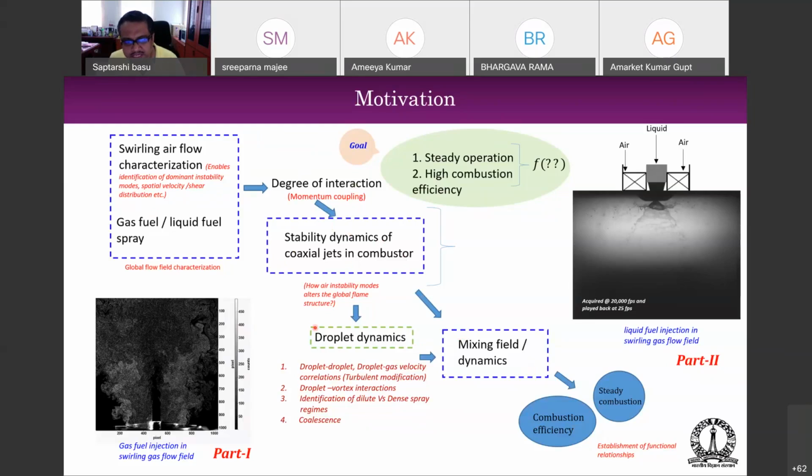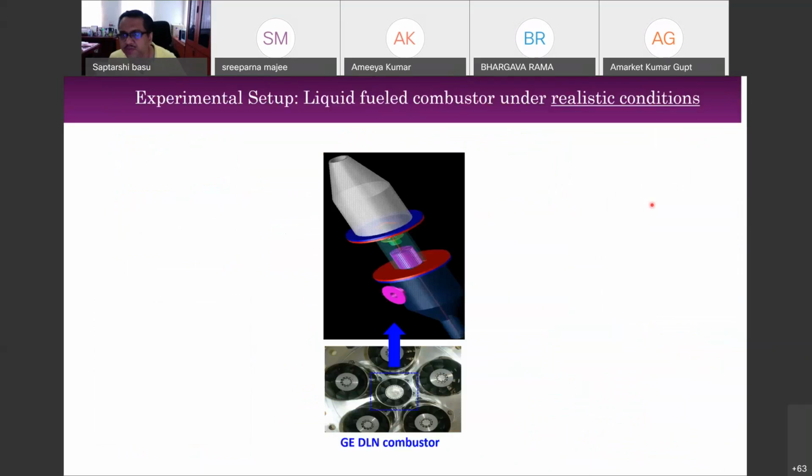If you have droplets in here, then there are certain things that you need to be very aware of. You get what we call droplet and droplet-gas velocity interactions, and identification of dilute versus dense sprays. The droplets can actually coalesce. So there is a whole gamut of dynamics that can take place. And one such video over here, if I look at it one more time.